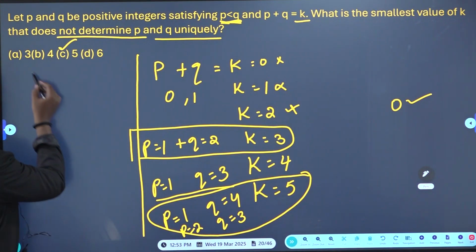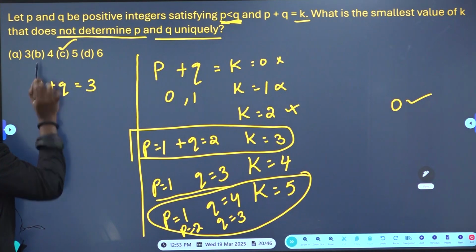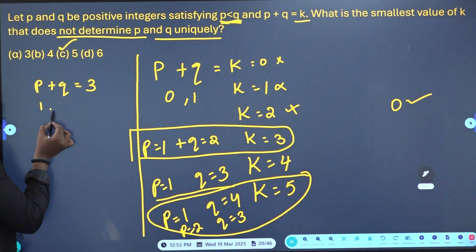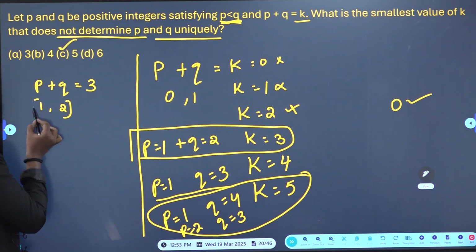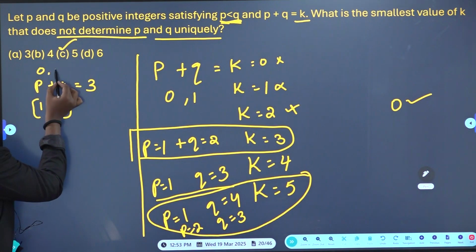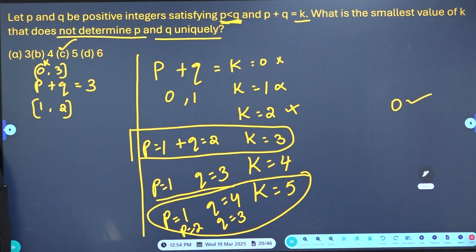P plus Q is equal to 3, that is K. The possible pair for me is 1 and 2. Apart from this, I cannot take any other values. Don't say 0 and 3. Sir, can I also take 0? 0 is not a positive integer. Once again, I am repeating, you cannot take 0. Understood?